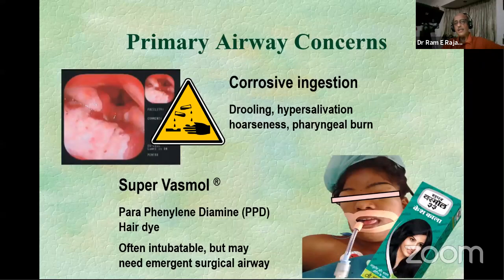But in addition, particularly in corrosive ingestions, the concern about drooling, hypersalivation, and hoarseness, with the evidence of a pharyngeal burn, is reasonably strong evidence that this patient would probably end up with a compromised airway. And it may not be totally inappropriate to prophylactically intubate this patient, even though he is awake at this point in time. So just be very clear about that.